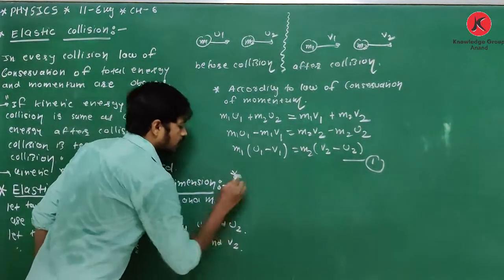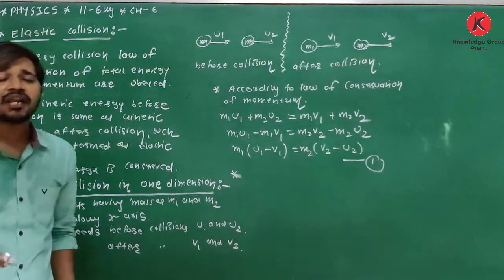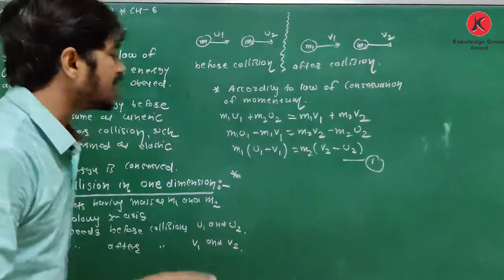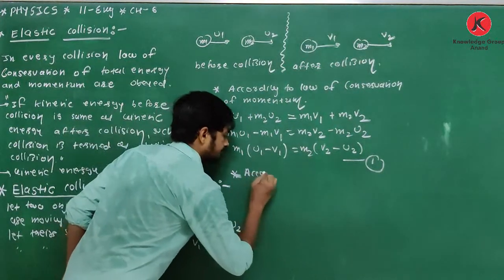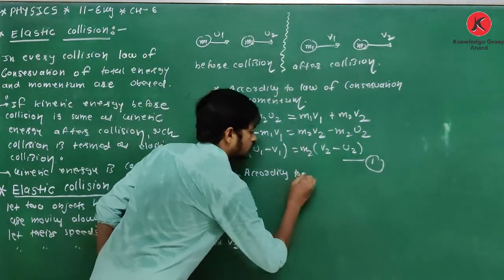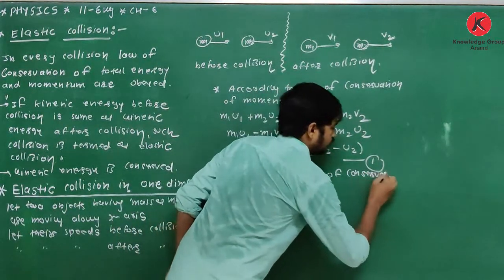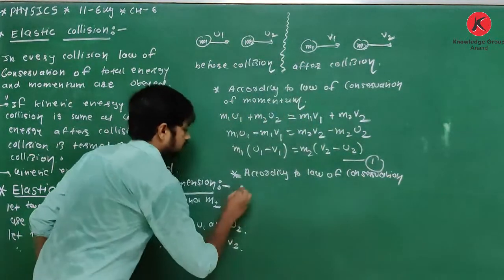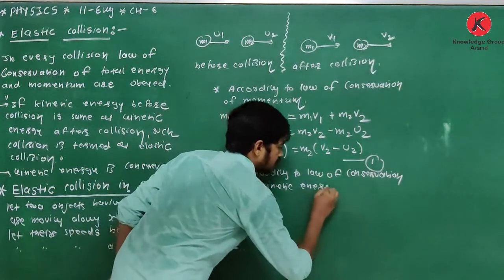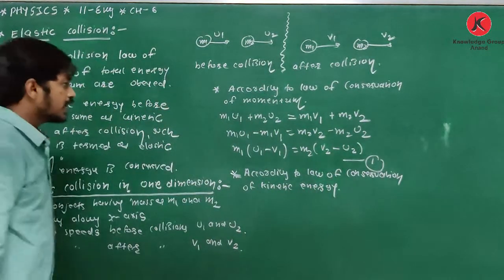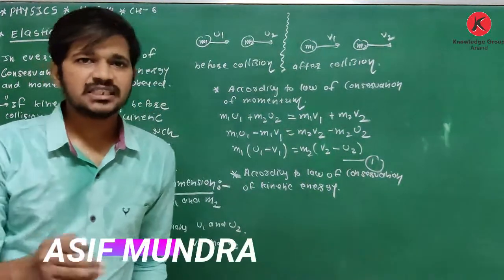Now I will take another relation, from the law of conservation of kinetic energy, because in elastic collision kinetic energy is conserved. Kinetic energy means half m v square, half into mass into square of speed.